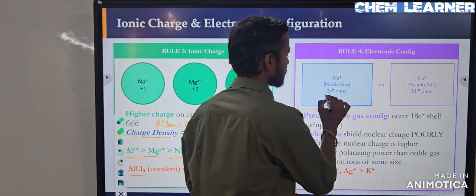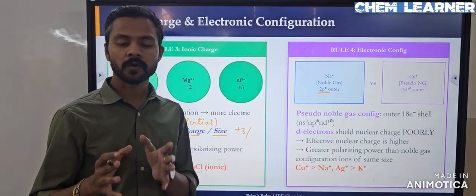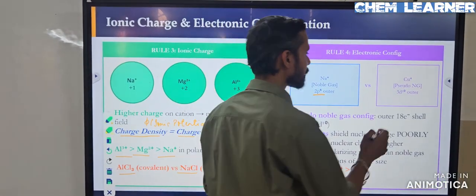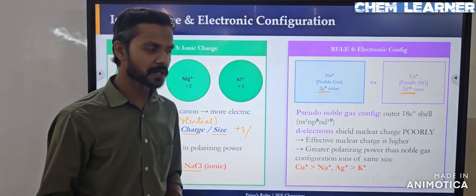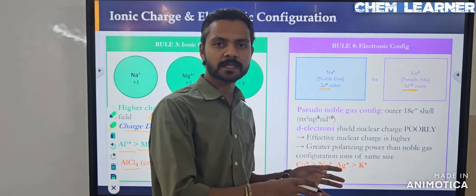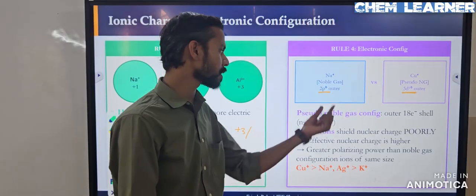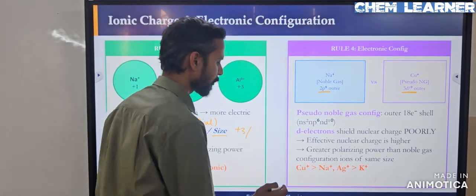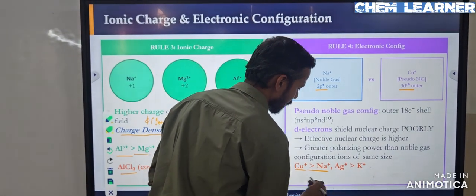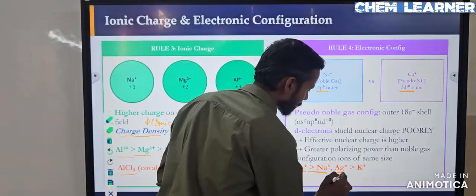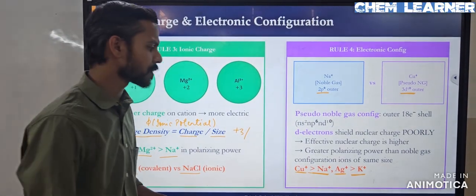What we are seeing here is that the 2p6 configuration of Na+ is a noble gas configuration. The 3d10 configuration of Cu+ is a pseudo noble gas configuration, and ions with a pseudo noble gas configuration have more polarizing power in comparison to the noble gas configuration. So Cu+ will have more polarizing power in comparison to Na+, and in a similar fashion Ag+ has more polarizing power in comparison to K+.